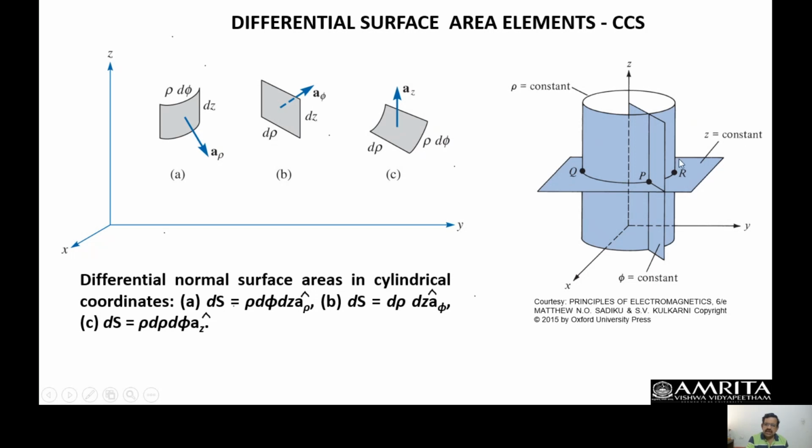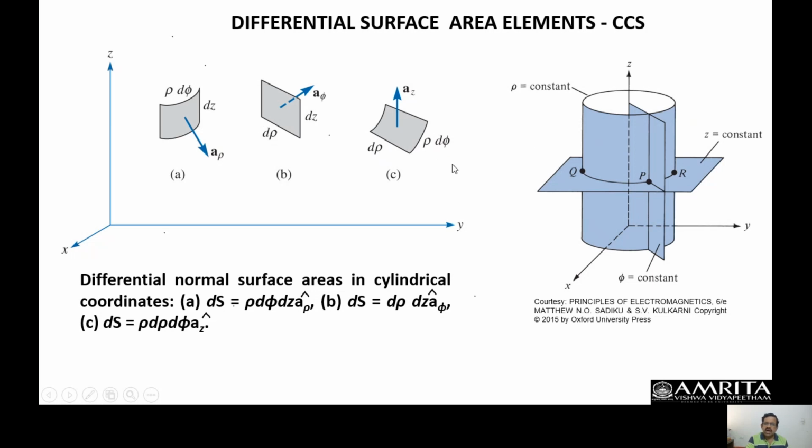Now, if I go along the radial direction of the cylinder, the radius is constant. Therefore, when the radius is constant, I will have to take this surface area element in the integration. When z is constant, I will have to take this plane, which is rho d phi, as the surface area element and integrate with suitable limits for rho and phi.